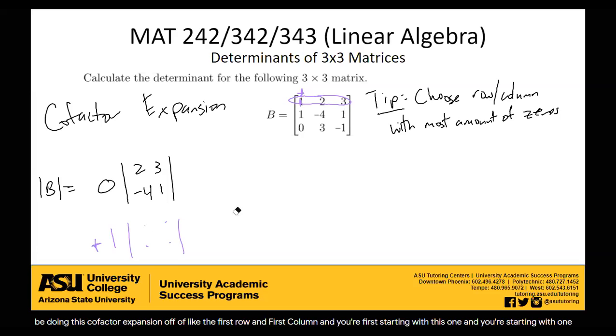So the top left region is always a positive sign, and then it alternates. It makes like a checkerboard. So that plus is there, and then the next one's a minus, and the next one's a plus, and then it alternates for the next row. So instead of plus, minus, plus, it's minus, plus, minus, and then it's plus, minus, plus again. That makes a little checkerboard. So this just tells you what sign goes in front of those coefficients if you end up using them.